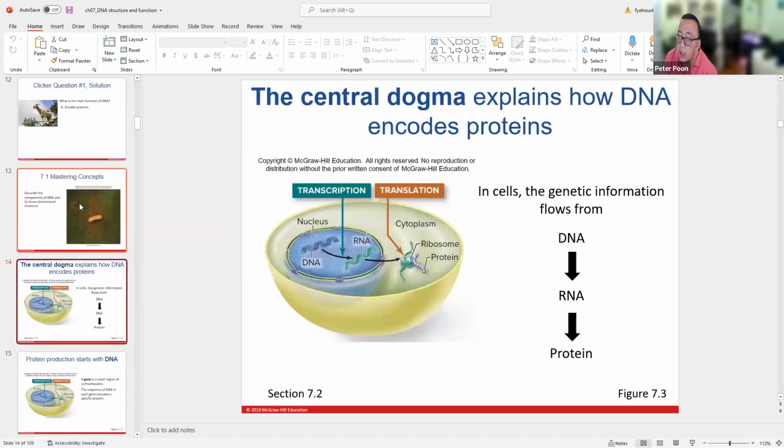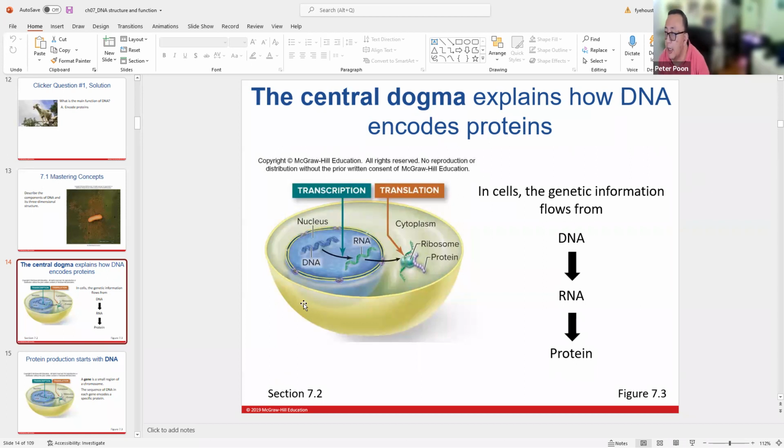All right, next part. The central dogma. The central dogma explains how DNA encodes proteins. The first process is called transcription. In transcription, you go from DNA to RNA. When you transcribe something, you're literally copying it over. DNA and RNA are both nucleotides, so you're copying it from DNA to RNA.